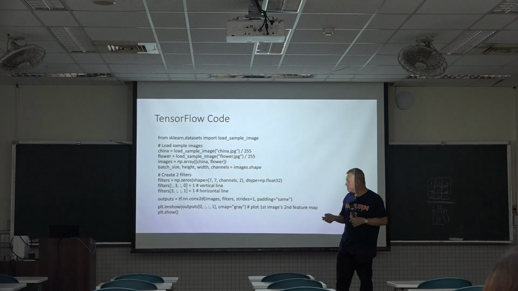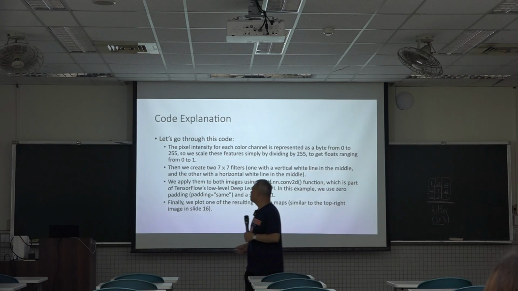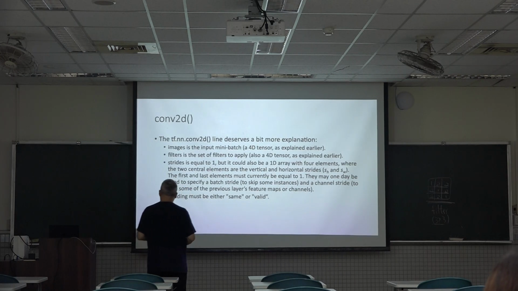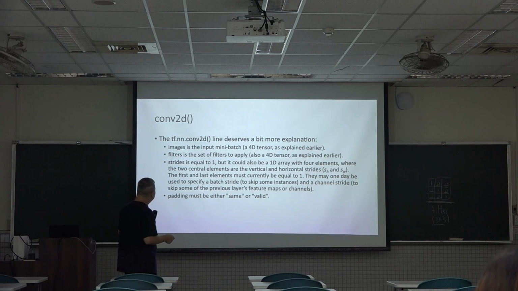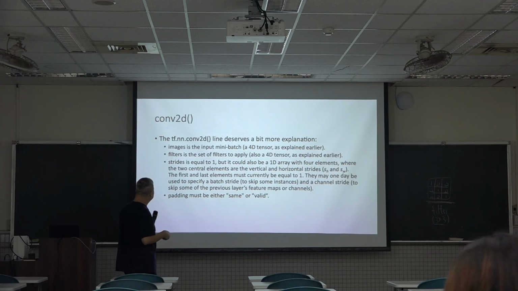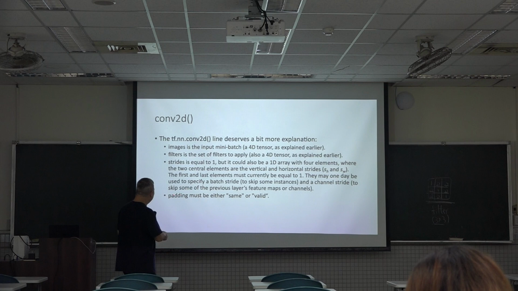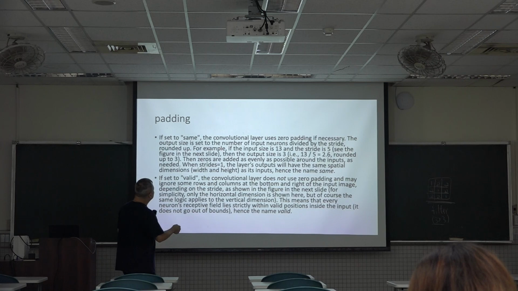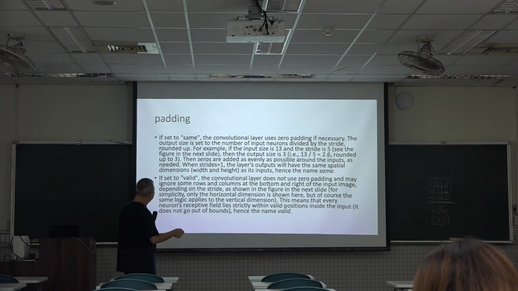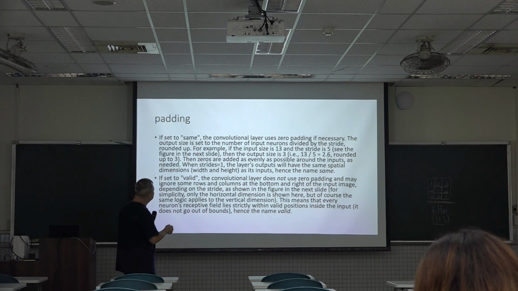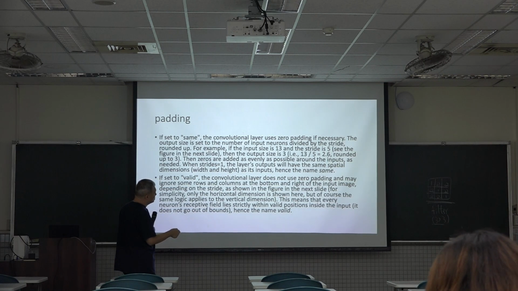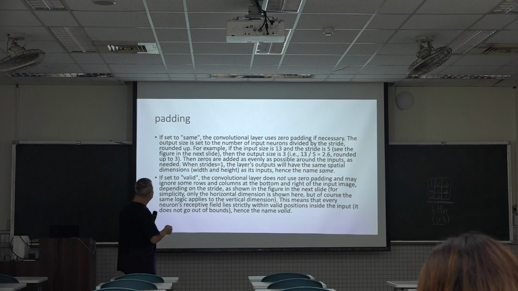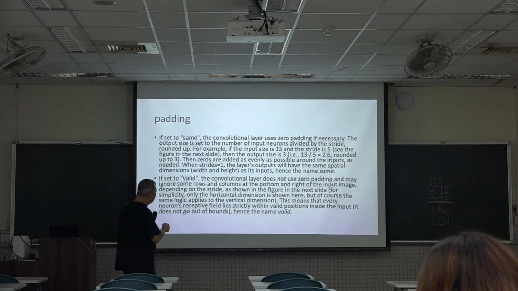So this is just an example, but the explanation I think I already explained. Padding must be either same or valid. If it's same, then the convolutional layer uses zero padding, as I said, if necessary. The output size is set to the number of input neurons divided by the stride, rounded up.